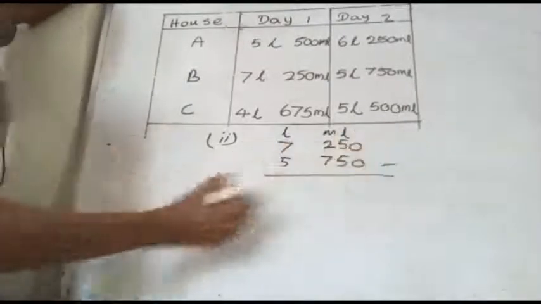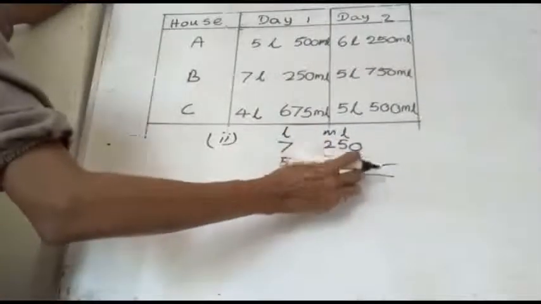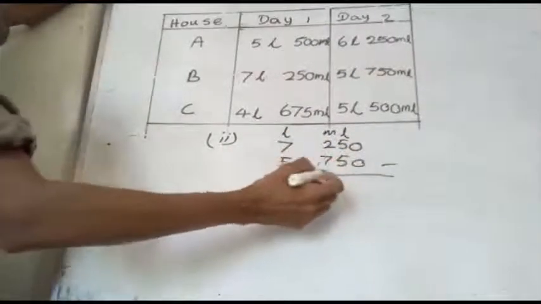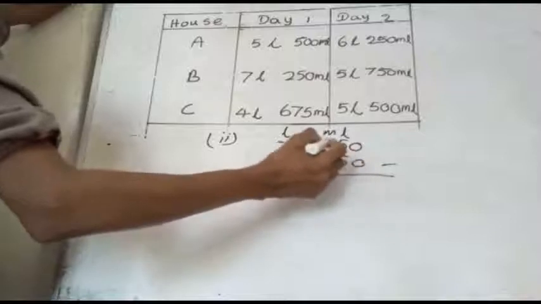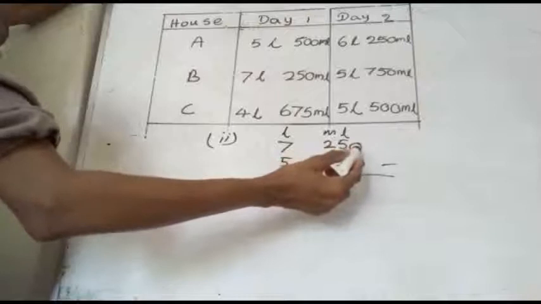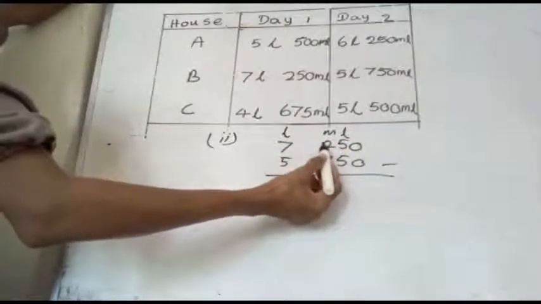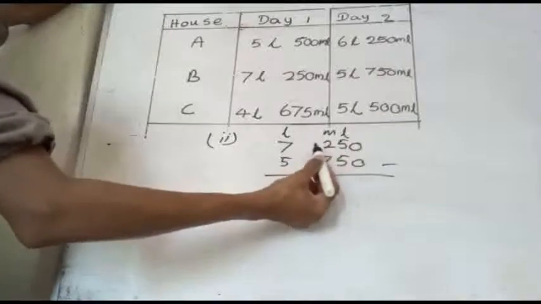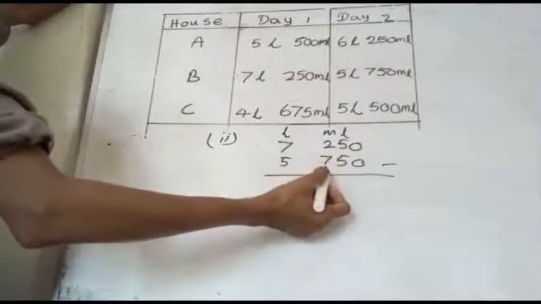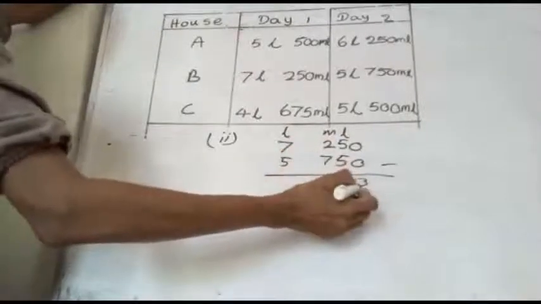We subtract. We can't subtract 750 from 250. Yes, good. From 250 milliliters, we take 1 from here. It is equal to 1000 milliliters. 1250 subtract 750 is equal to 500 milliliters.